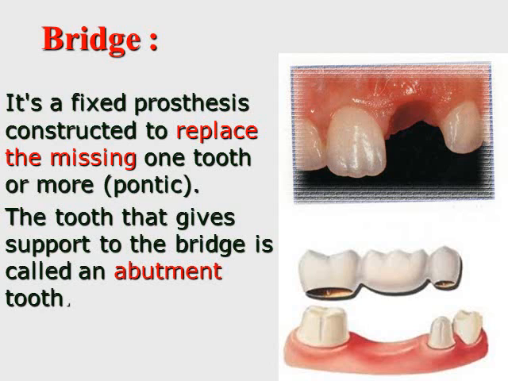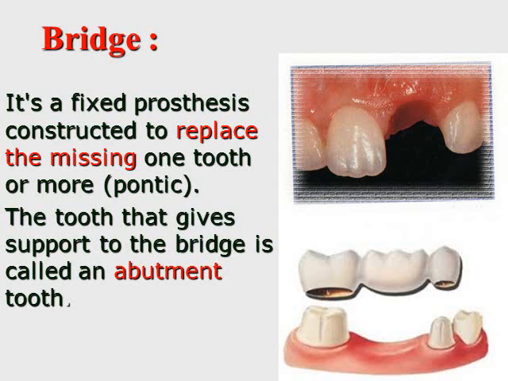The bridge differs from the crown in that there is a missing tooth or missing teeth, and this bridge is constructed to replace the missing tooth or teeth by an artificial part, which we call the pontic.